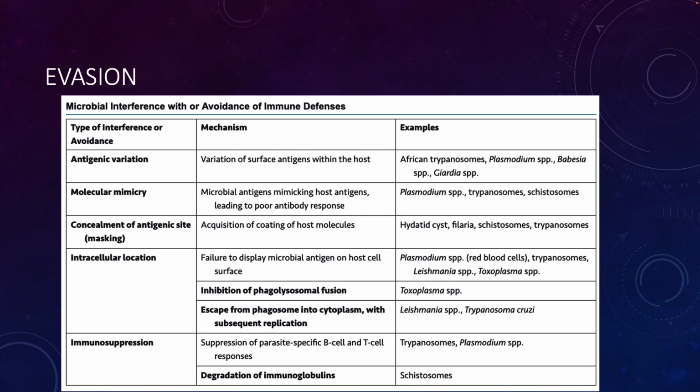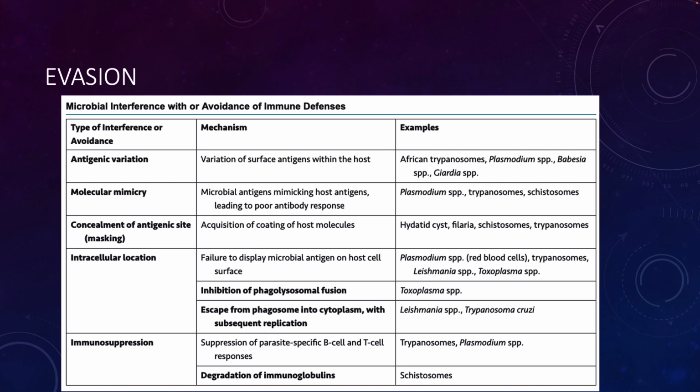And there are a number of different mechanisms to evade the immune system: antigenic variation, molecular mimicry, looking like the host, hiding the antigen sites, going intracellular. Intracellular, of course, would not be very common with our helminths, but with some of our unicellular parasites, definitely, and immune suppression.